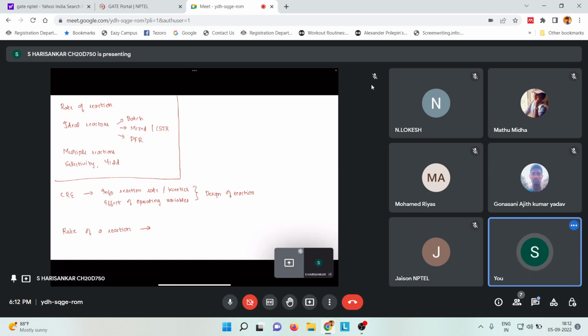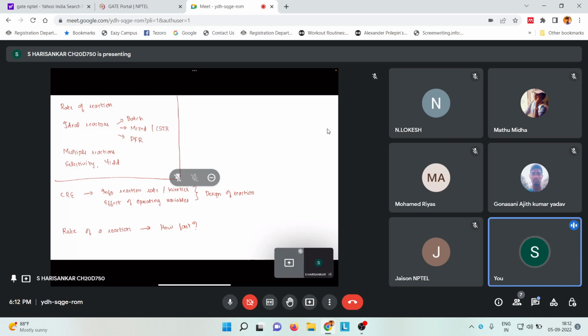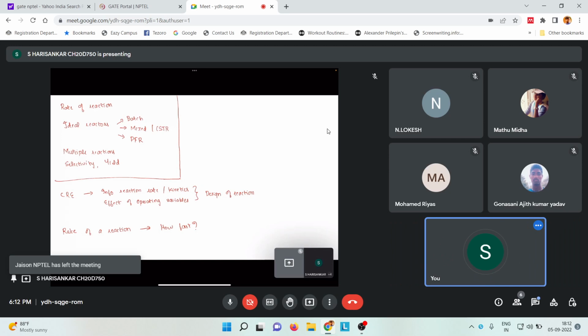Rate of reaction is basically just how fast a reaction can occur, in a very simple and vague term. How fast can a reaction occur with the given variables and operating conditions? So this is the most basic thing in CRE, reaction rate, and we'll see how reaction rate varies with the order and what is the order of a reaction and so on.